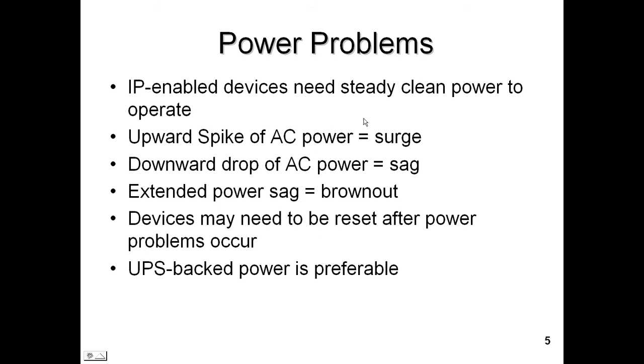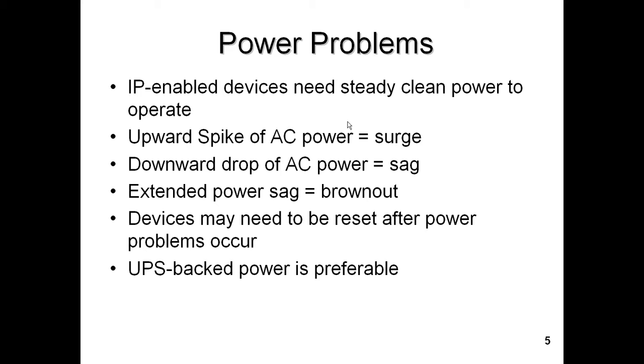So first we're going to talk about what can be a very common problem, and that's power problems. Computers, and when we say computers now, our IP cameras and our access control panels are also computers now, our door locks, anything we're hooking up to the network, these devices can be affected by power problems, just like everything else. A power sag is when we have a downward drop of voltage or drop of AC power.